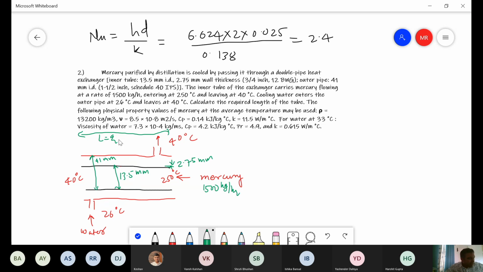But the mass flow rate is given, so from that we can find out the velocity, the quantity velocity into density. So let us first find out the area for the flow.